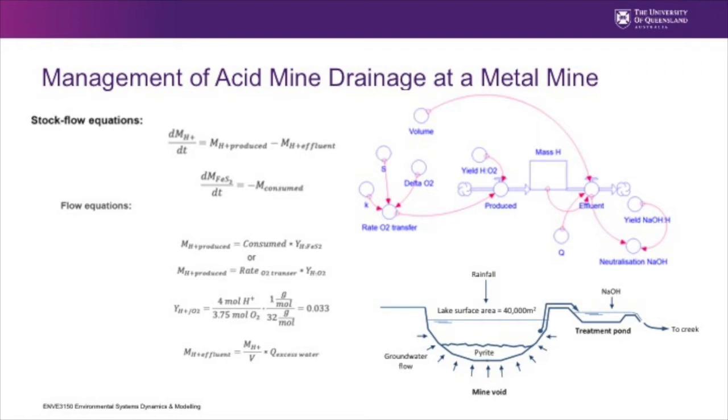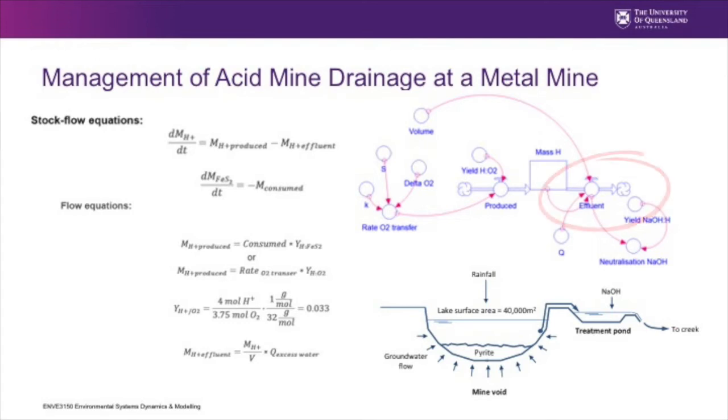So the flow equations that we will use will be the hydrogen produced, that is the inflow, as shown in the diagram on the left side. It can be calculated by looking at the consumption times the yield, or we can also directly relate it to the rate of oxygen transfer, which is what we will do, times the yield.